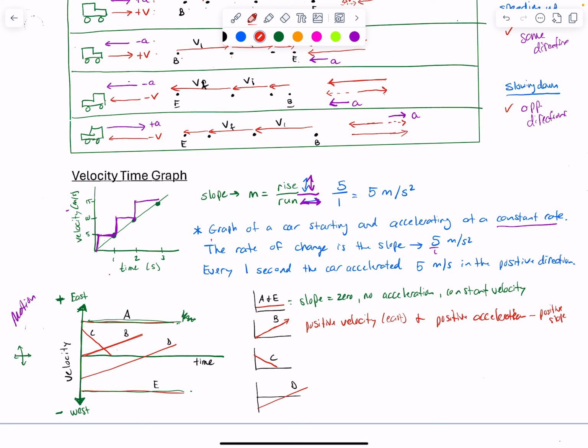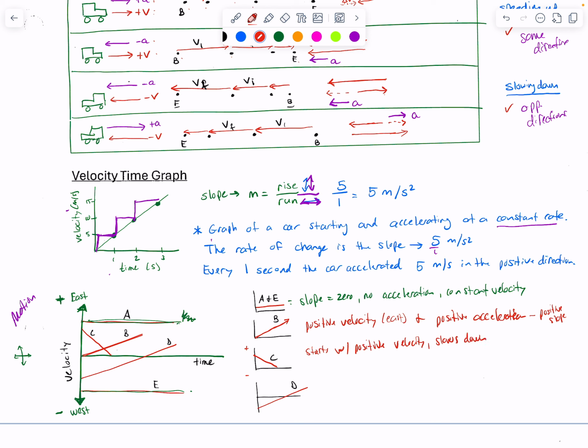And that's, of course, opposite to runner C, which we can see starts off with a positive velocity. It's up here, right? In terms of velocity being positive or minus. So it starts with a positive velocity in the east, but because it's going down, we can say that it slows down.